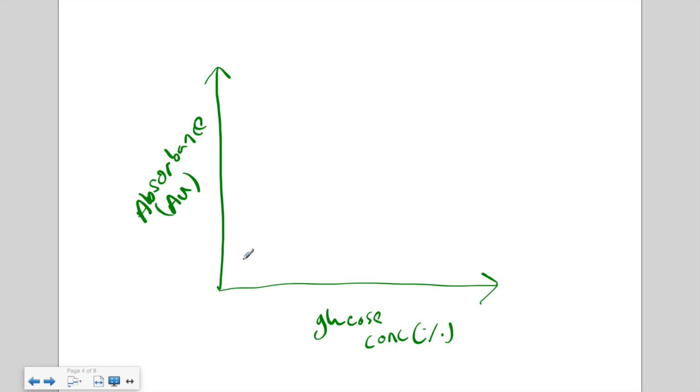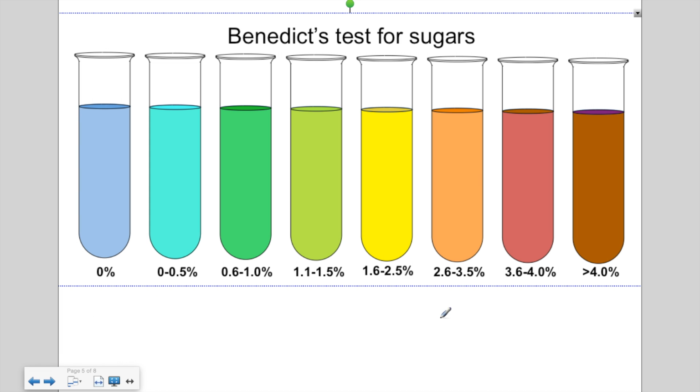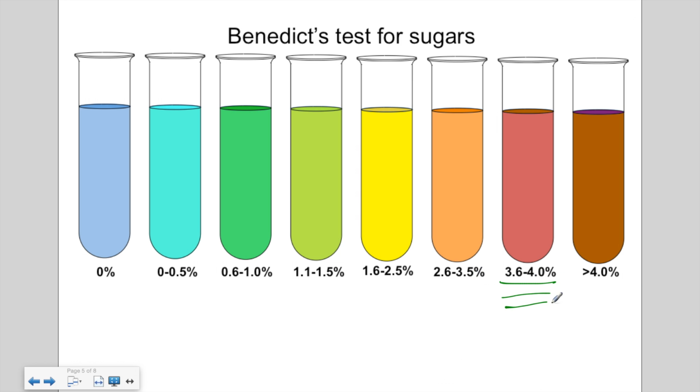The absorbance perhaps goes up like this, which means that when you've got an unknown glucose concentration, you can find its absorbance, read along to the graph, come down, and give a pretty good estimate of the concentration. So it's semi-quantitative, it's not quantitative. And here's an example of the colours that you'd see for different percentage glucose concentrations.